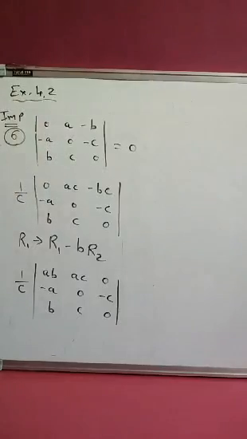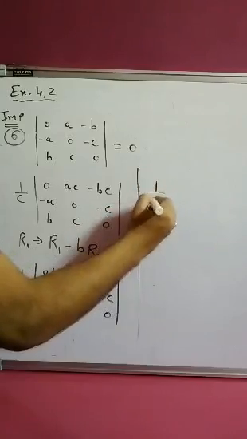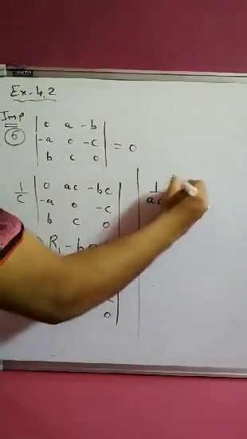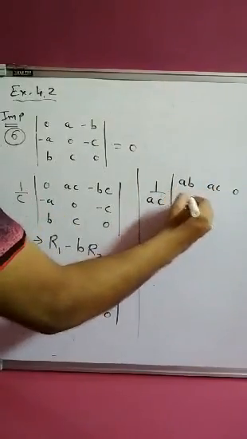Still our answer is not there, because row 1 and row 3 are not equal. How are we going to make them equal? Multiply A with row 3, and divide also outside, by A. We cannot multiply directly, we have to divide also.